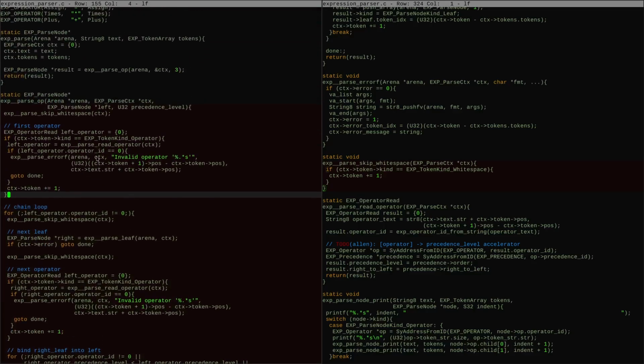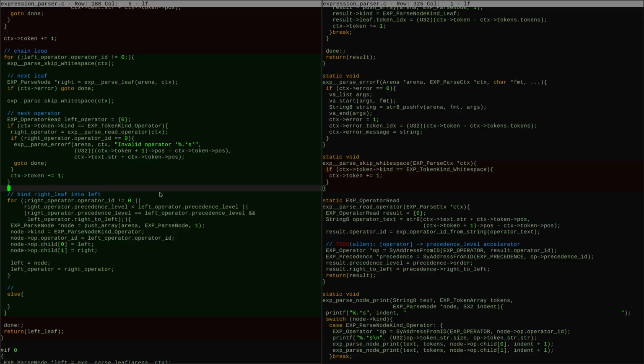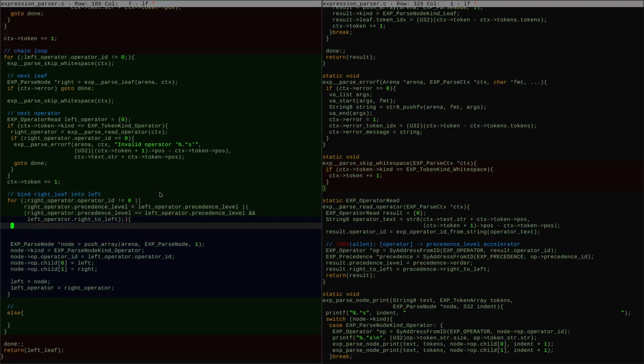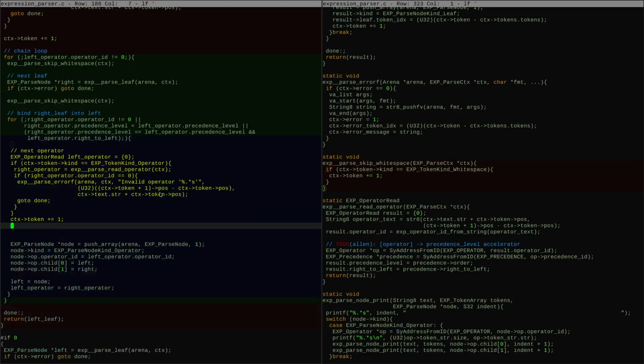we have another issue, which is when we look at these left operators, I'm consuming the token right away, but it's not necessarily the right thing to do. So get the next operator here.